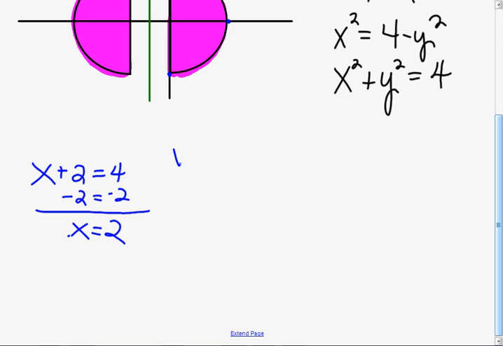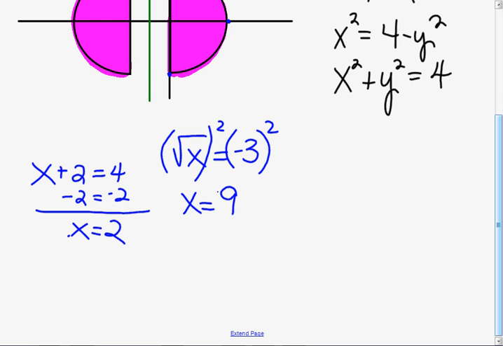What if I have the square root of x is equal to negative 3? Let's square both sides. Some of you are pretty smart. You probably realize what the answer is going to be. But x is equal to 9. Does that make that equation true? No. But 9 makes this equation true. When you transform them, you get an equation that has the same candidates for solutions, but not necessarily will they always work. That's why you get extraneous solutions. It is not the same equation.